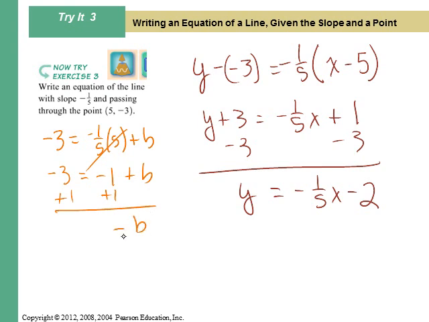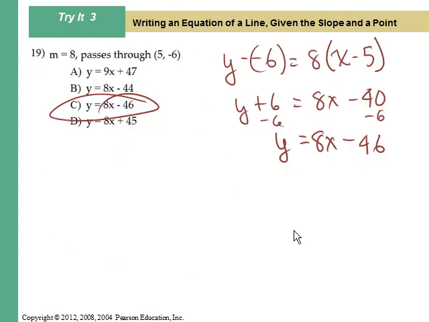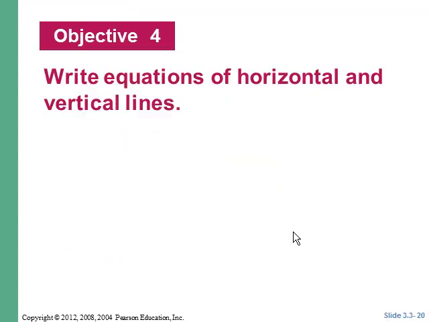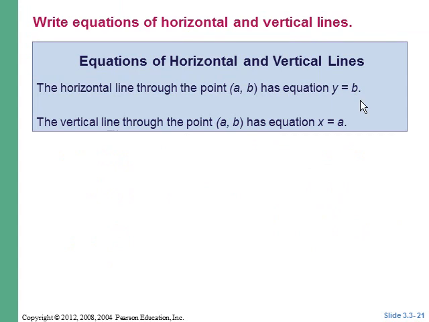You get b is, I'm sorry, negative 2. And that's where you get this formula right here. Okay? Now, what do you do if you have a horizontal or a vertical line? Well, a horizontal line has the equation y equals b, and the vertical line has the equation x equals a.